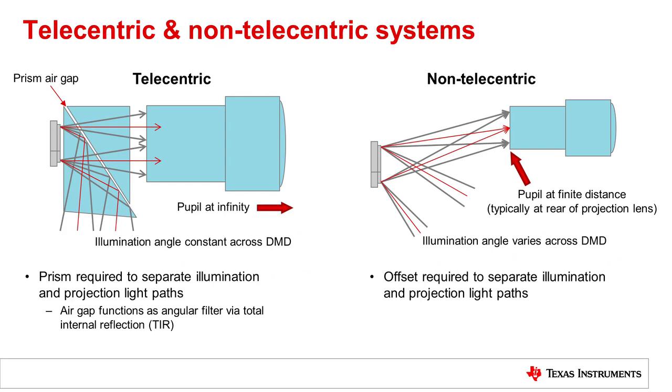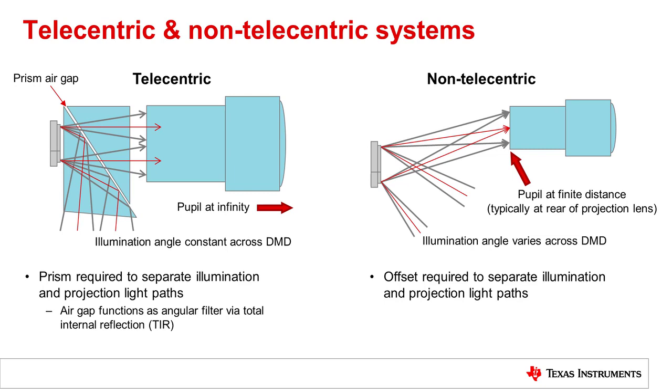The illumination architecture of a projection system can either be telecentric or non-telecentric. In a telecentric system, the angle of incidence of light illuminating the DMD is constant at all points across the DMD, and the optical pupil is located at infinity. The illumination angle in a non-telecentric system will vary across the DMD, and the optical pupil is located a finite distance from the DMD.